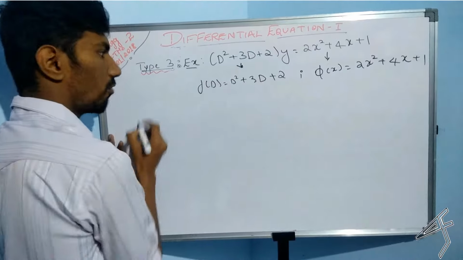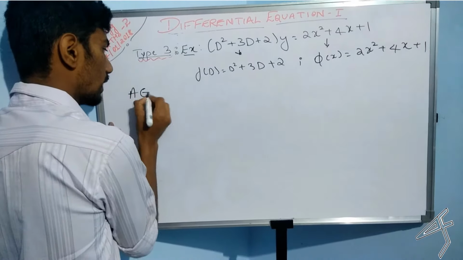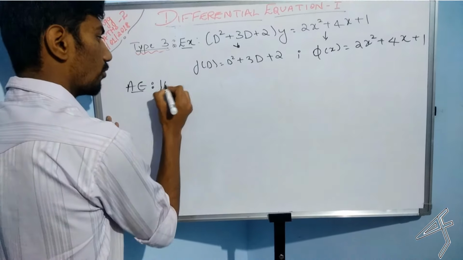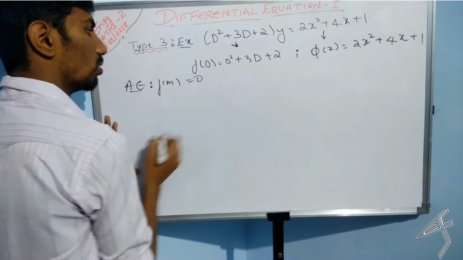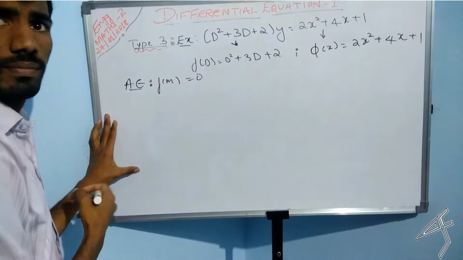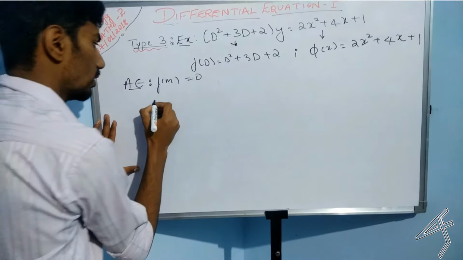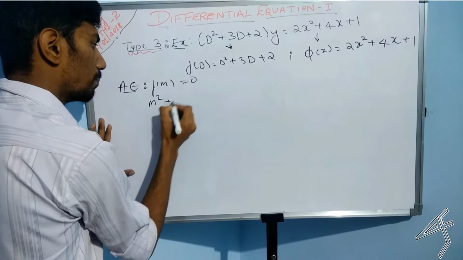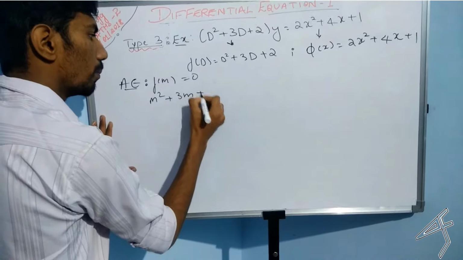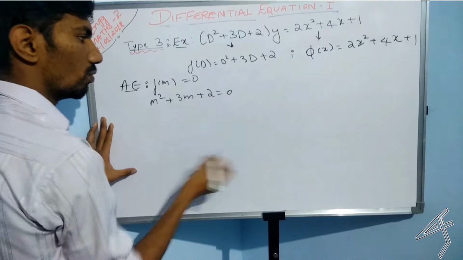First we will go to the complementary function. For that we will need the auxiliary equation, that is f of m equal to 0. Here what is f of m? F of m is this, just replace d with m wherever d is there. So we'll get m square plus 3m plus 2 equal to 0. We'll solve this.